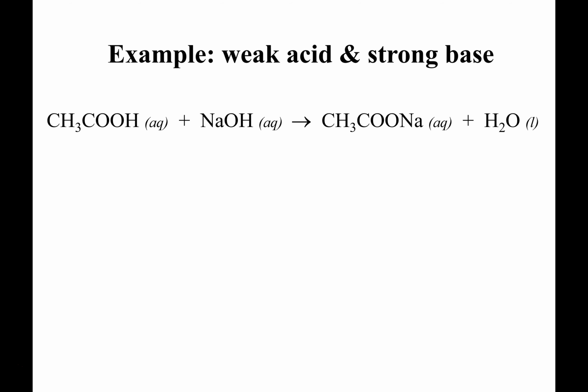Example of a weak acid and a strong base. This actually, excuse me, is what you guys will be doing tomorrow, I think, if I'm remembering this right. This is acetic acid, CH3COOH, and this is a weak acid and strong base.